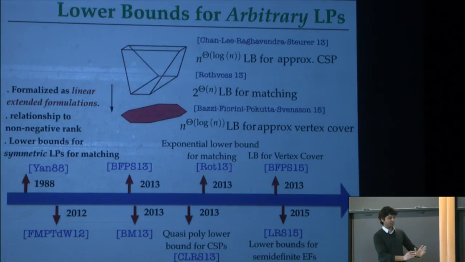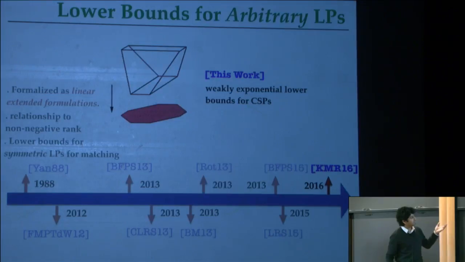I don't want to mention all of them in detail, but the point is that we understand many things much better about extended formulations now than 4 years ago. Okay, great. And this work is going to be about a weakly exponential lower bound for CSPs. We are going to stand on the shoulders of all these giants that came before us.